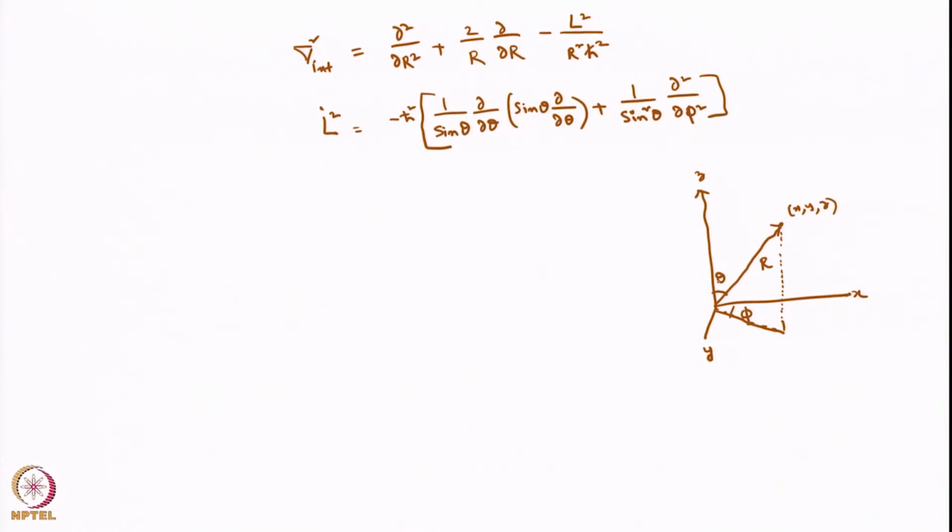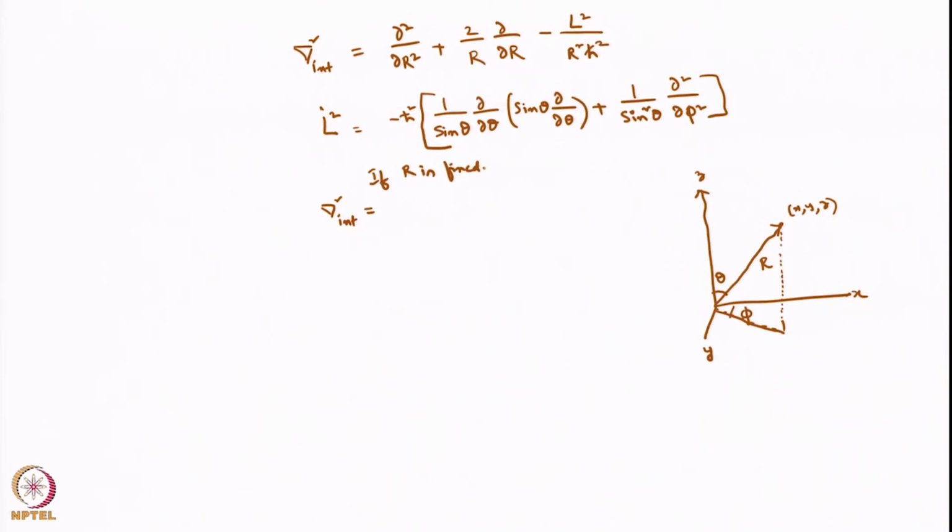Now, your del square internal will be nothing but, if I fix r, if r is fixed, why am I fixing r?